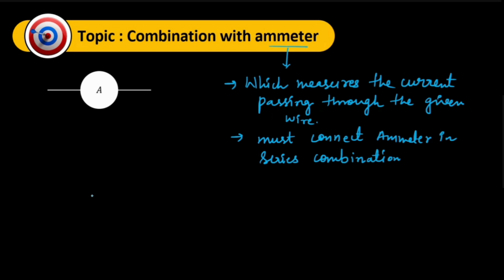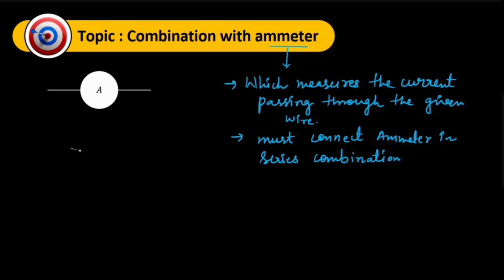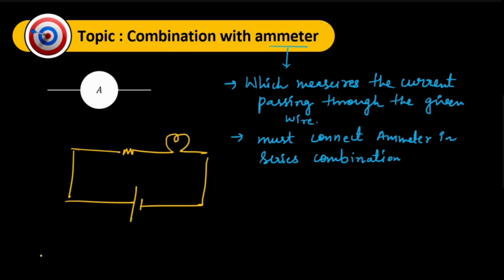Let me explain it to you. So assume that there is a component and we have to find how much current is passing through this bulb. By mistake, if we connected the ammeter like this, what happens is that when the battery releases current, it must pass through this resistor R, but on reaching this point, it has two ways.